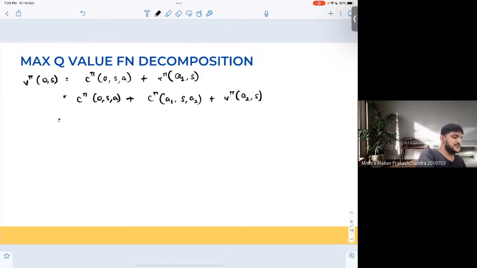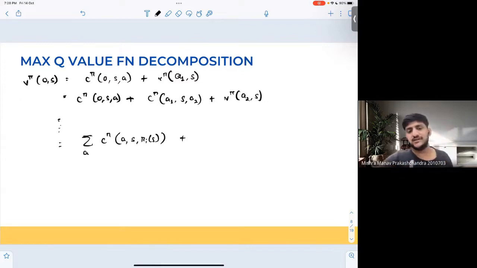And similarly, if you go ahead, eventually what you'll end up with is the summation over all the actions that I took, comma s comma pi I of s. So this is a summation that I have been taking.